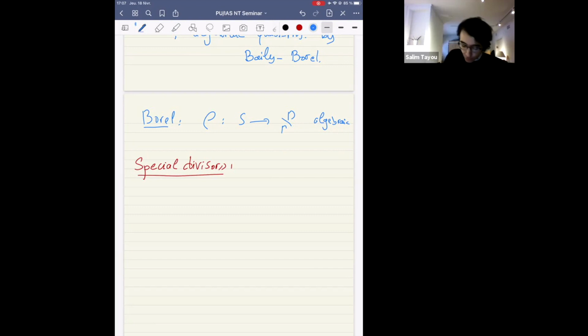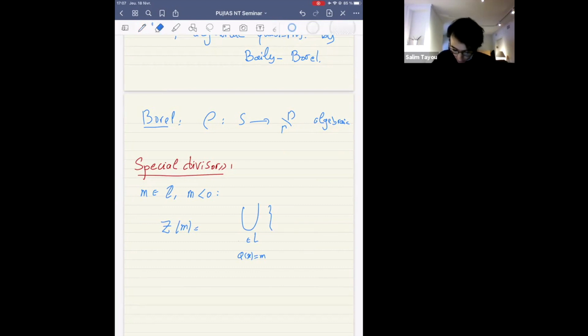So they are defined as follows: for any integer M which is negative, let Z of M be the union over all the elements lambda in the lattice which have square M of the orthogonal of this element lambda, of all the elements X in D such that X is orthogonal to lambda. So this is somehow the set where lambda is a Hodge class. We are taking a union over all the elements lambda in L with square M, and we quotient by this arithmetic subgroup gamma.